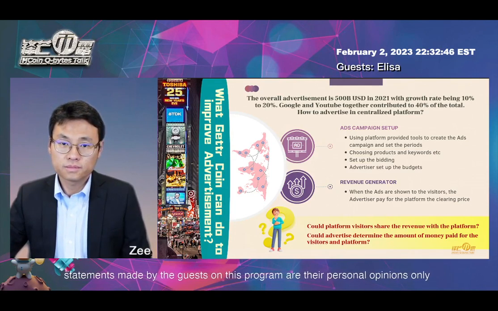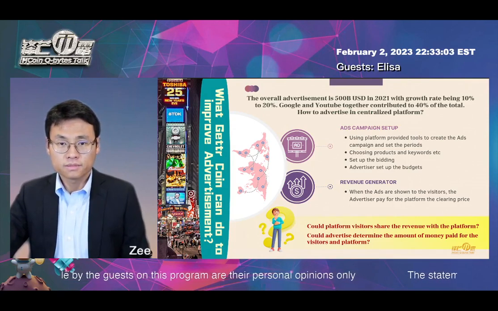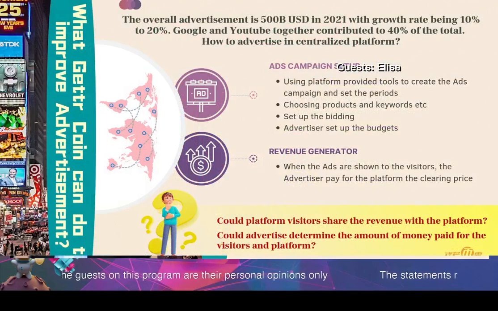In terms of market share, a lot of advertisement revenue goes to Google and YouTube because consumer habits have changed. Consumers no longer depend on traditional advertisement channels, for example magazines, newspapers, or TV shows.